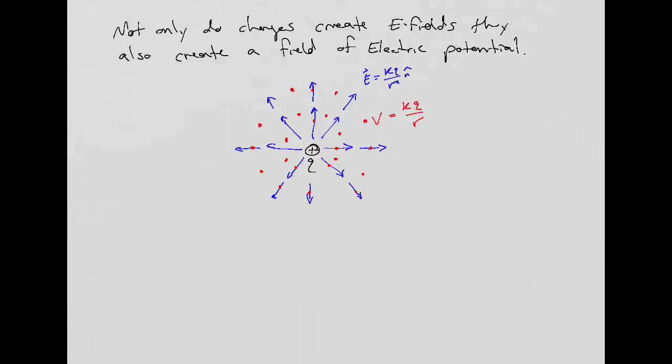I mean, just a number at every point in space. So other common scalar fields, other than obviously potential, the only one I can think of right off the bat is temperature.